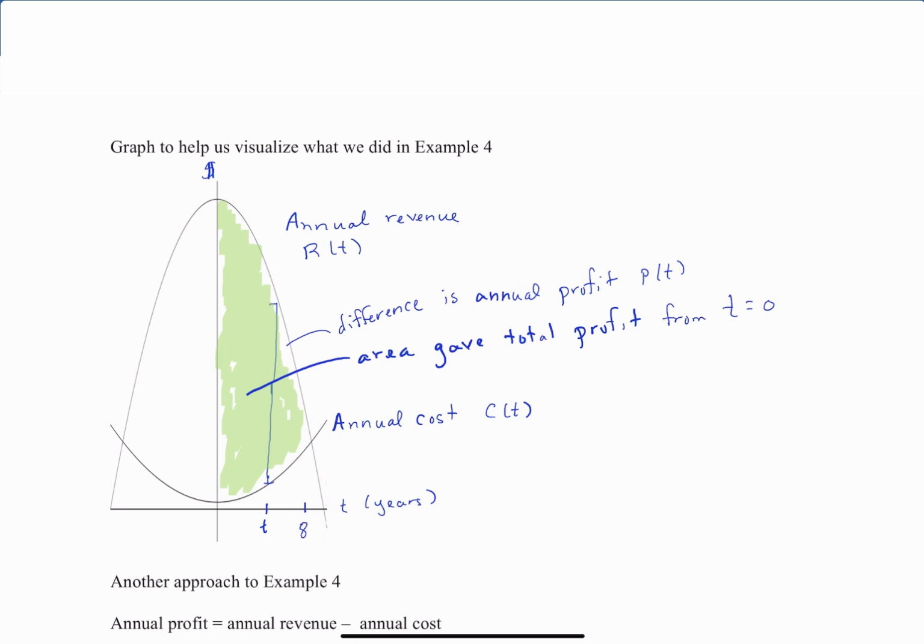So that area gives us total profit from t equals 0 to t equals 8.